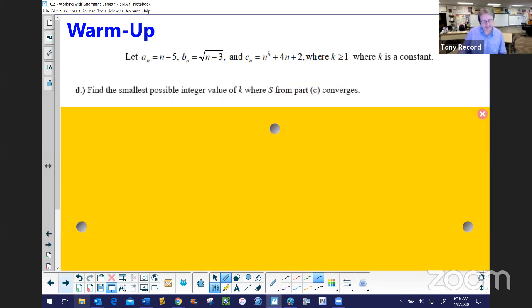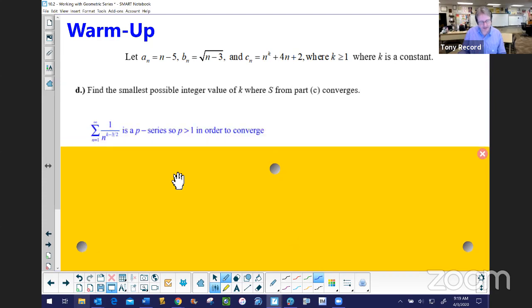Now, in part D, we're asked to find the smallest possible integer value of k where S from part C will converge. In this particular case, we know that our summation of 1 over n to the k minus 3/2 is going to be a p series. Now, how do we get that? Well, we're going back to part C, if you remember. So this is our answer that we had previously.